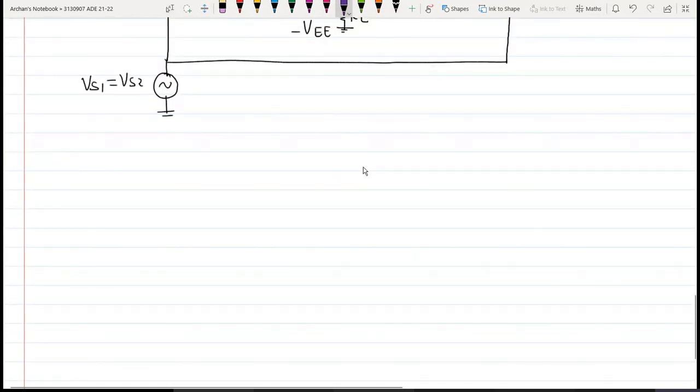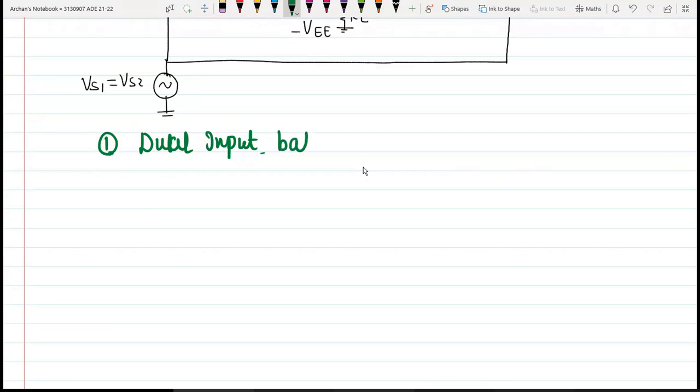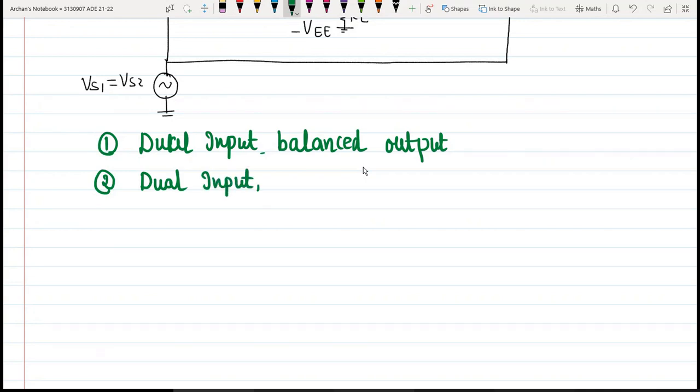The first configuration is already seen by us, and this is known as the dual input balanced output differential amplifier. Then the second one is the dual input unbalanced output differential amplifier.